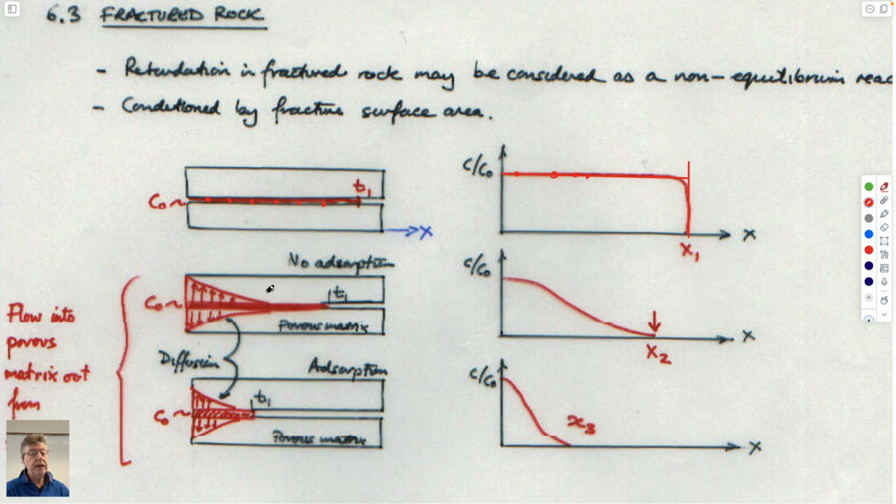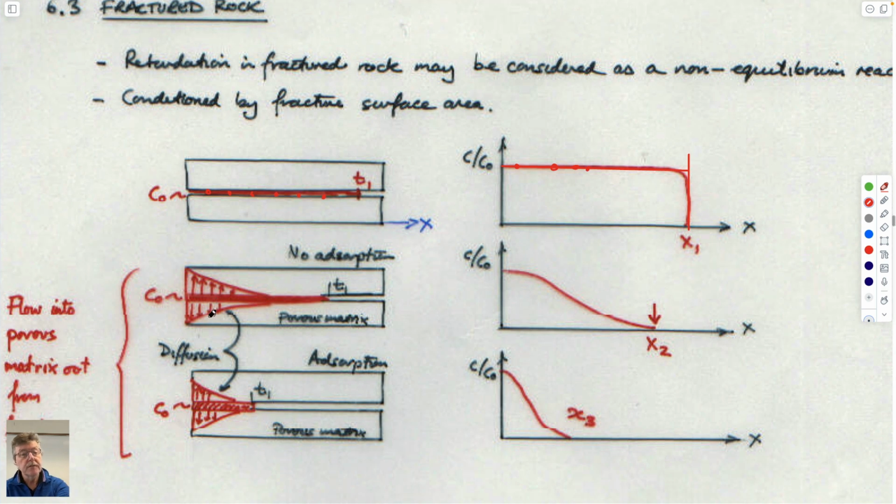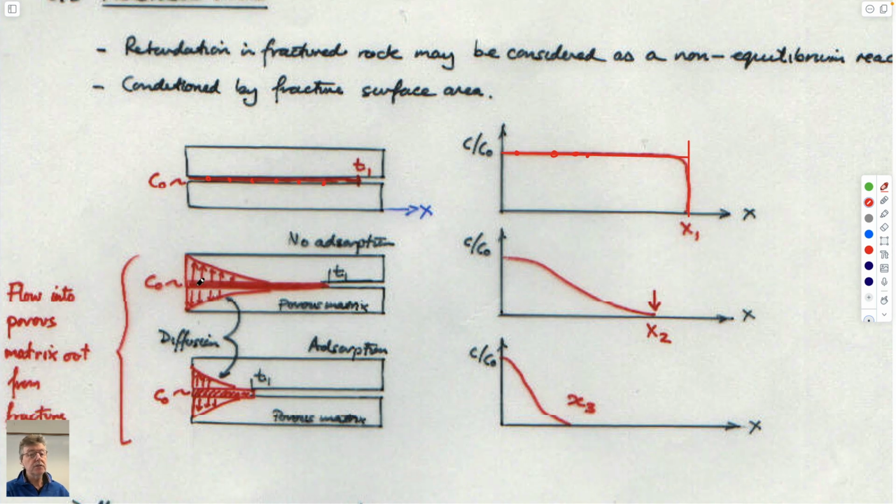If instead of making this zero porosity, you give it a porosity and you fill that porosity with water, then some of this solute can diffuse into the water, maybe by mechanical mixing, but also just by Fick's law, Fickian diffusion. It's been in contact the longest time upstream, and so it's traveled furthest and removed most of the mass in this direction.